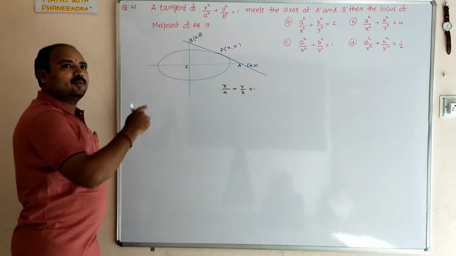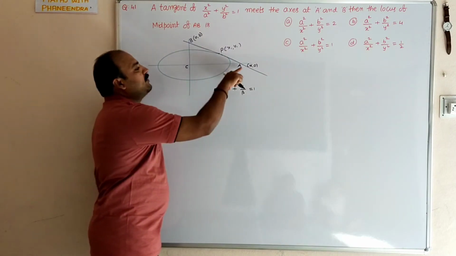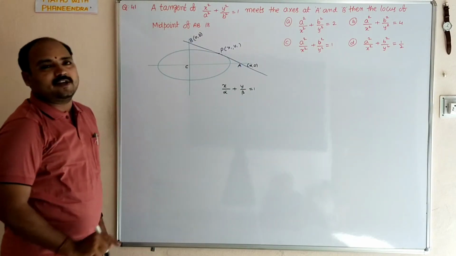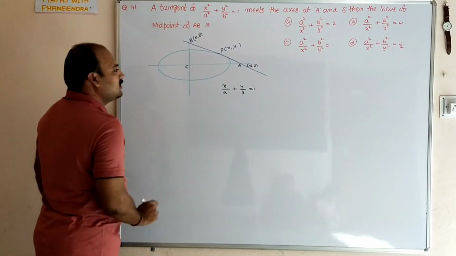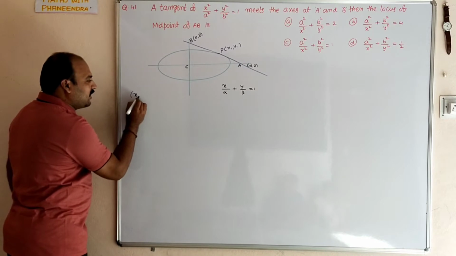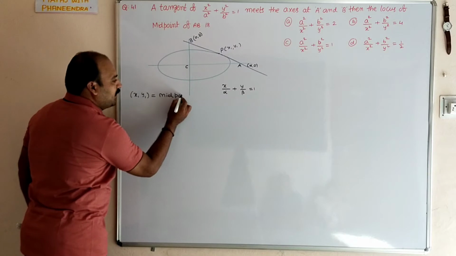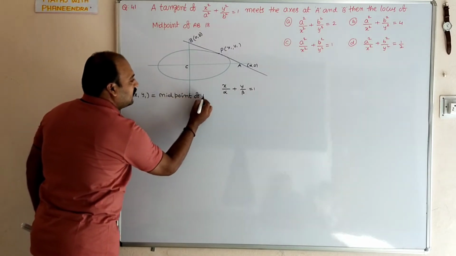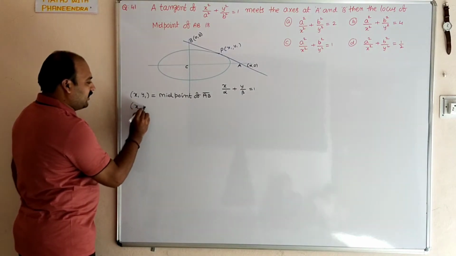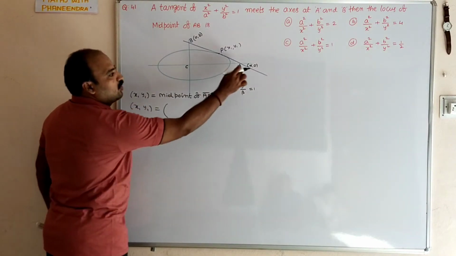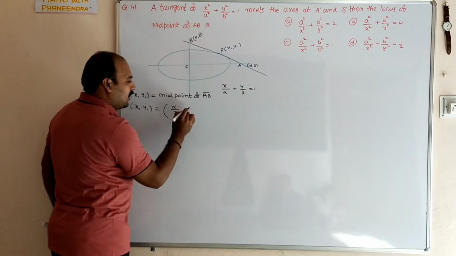This is the tangent equation at x1, y1 and which meets the x-axis and y-axis at the points A and B. Now, P is the midpoint of AB, they are saying that. So, x1 comma y1 is equal to midpoint of AB. What is the formula for midpoint? x1 comma y1 is equal to alpha plus 0 by 2, 0 plus beta by 2.